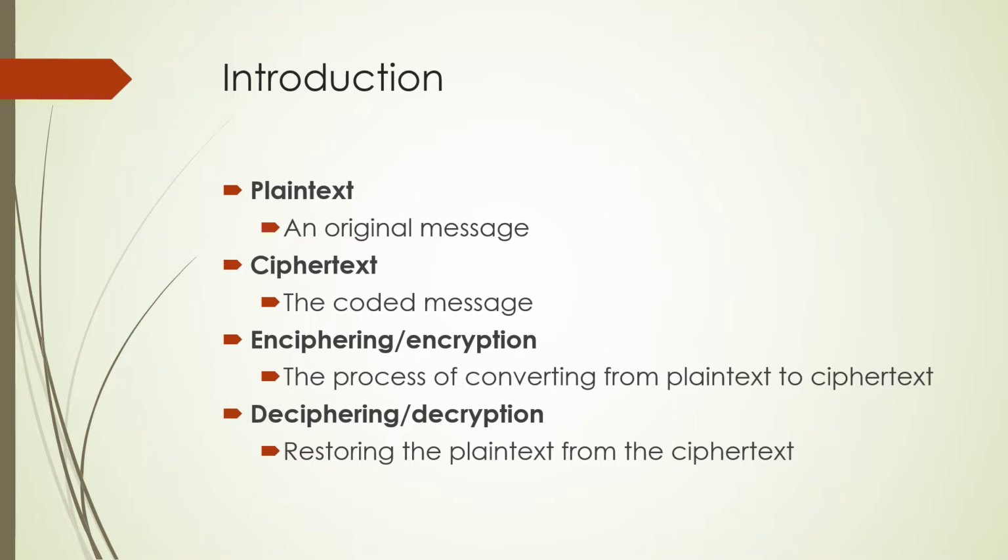In order to preserve the confidentiality of your message, you will encrypt it and convert the plain text to ciphertext. That's called the encryption process. And the ciphertext is basically the coded version of the original message. And the receiver of the message, after receiving the ciphertext, needs to understand what the ciphertext means, so it needs to convert the ciphertext to plain text.